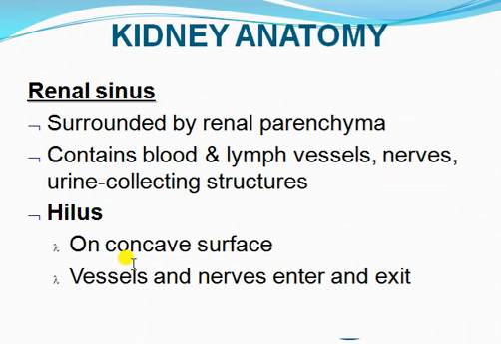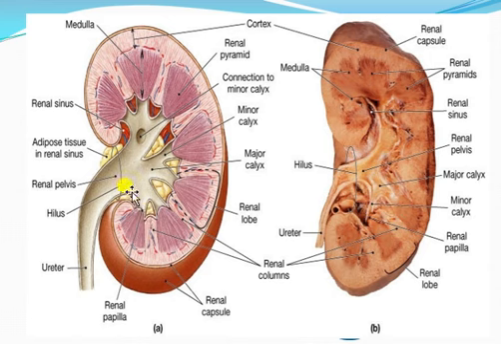Hilus. On the concave surface, vessels and nerves enter and exit. So this is a hilum. This we can call the hilum. In the hilum, this is concave. This is convex. So in the concave part is the hilum.